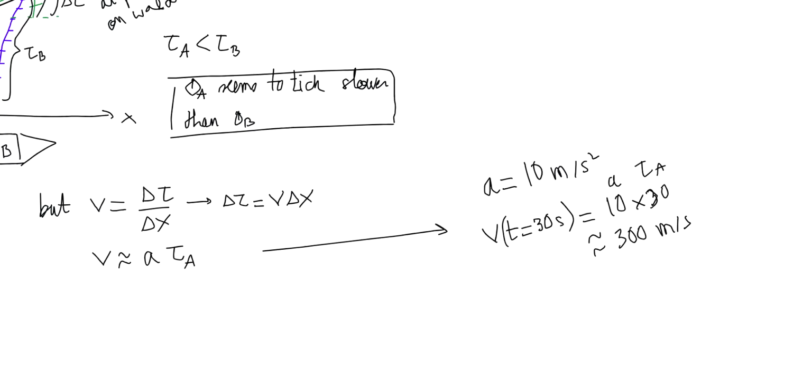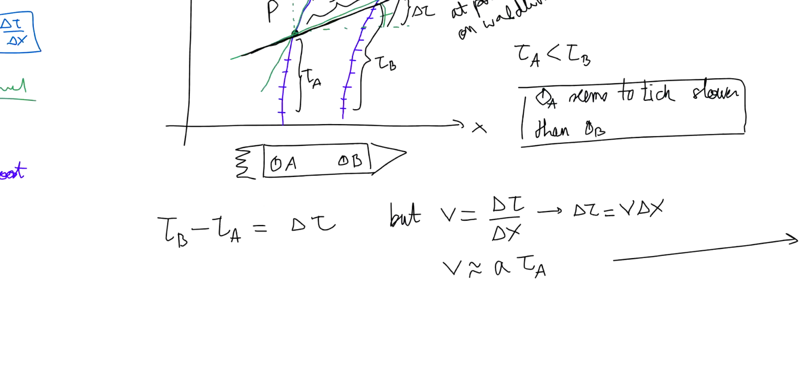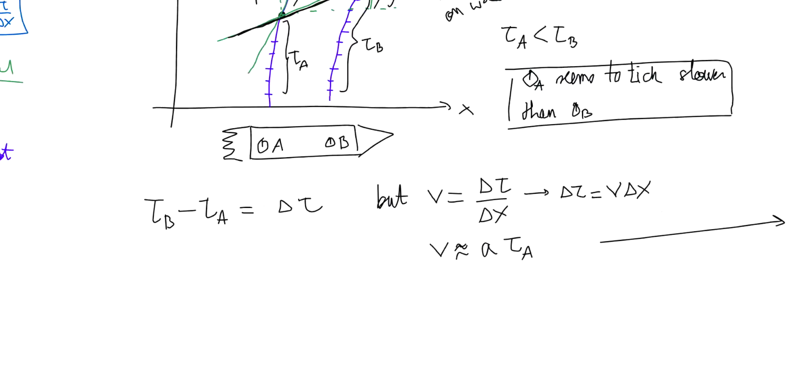So that's the classical point of view. Now we are in relativistic, so we can only do this approximation.